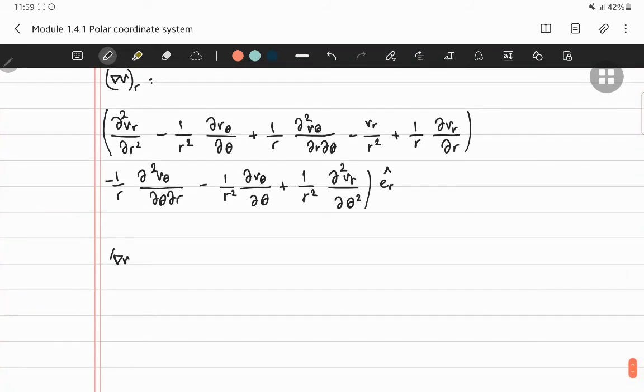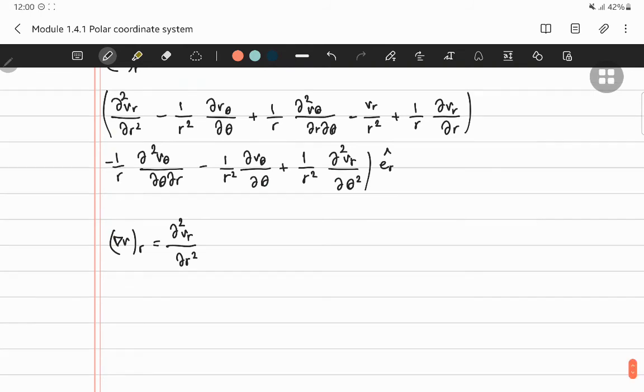So del VR is equal to, so I have this term here, second partial derivative of VR with respect to R. I have V theta, so minus 2 divided by R squared V theta. So I already had this one in this one.